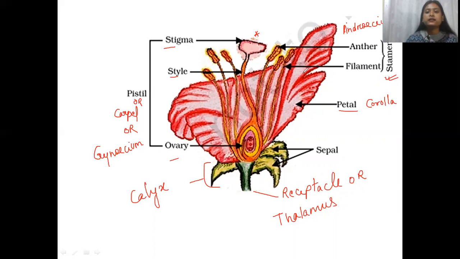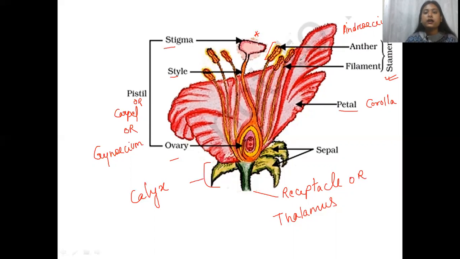Okay, so these are the members present in a complete flower, and exactly what happens in reproduction, we are just going to discuss that. So here in the androecium or in the stamen, this portion which is known as the anther, here there is the production of pollen grain, which is the product of this anther, and from that pollen grain there will be the production of male gametes.